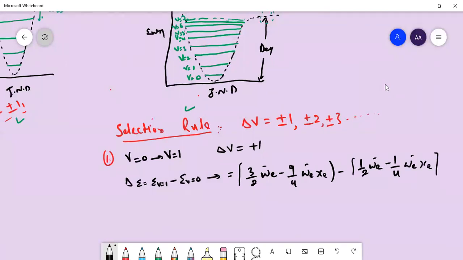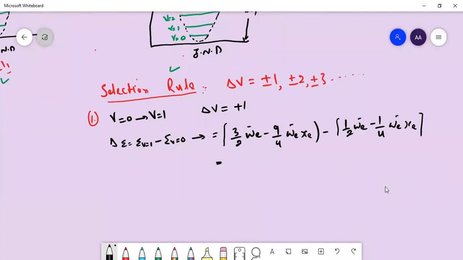So when I solve this equation, I will bring these similar variables together. For example, I have the omega_e term and the omega_e x_e term. So I have 3/2 omega_e, and here I have minus 1/2 omega_e. Similarly, the second term, 9/4 omega_e bar x_e, minus minus plus, becomes 1/4 omega_e bar x_e.